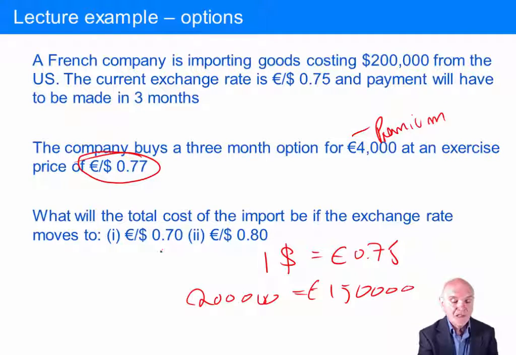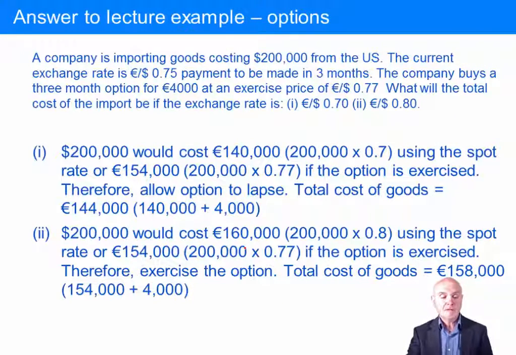But then there is this danger it's going to move to one of these. So let's work through that. Example 1. What will the cost of the import be if the exchange rate is 0.7? So here we have to change $200,000.